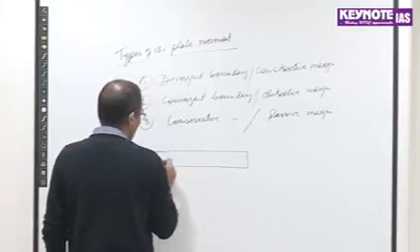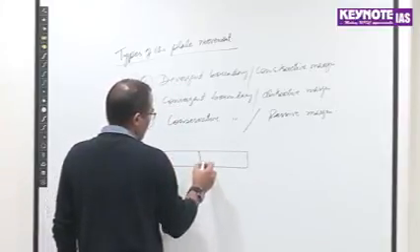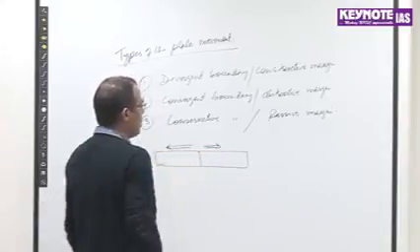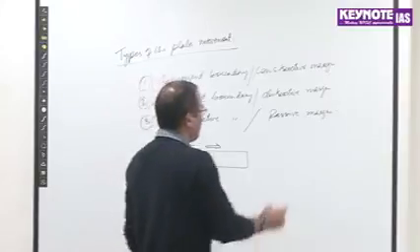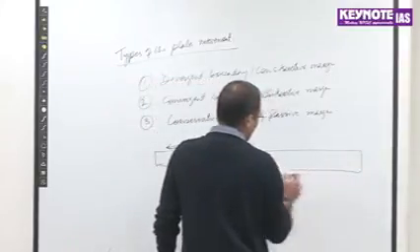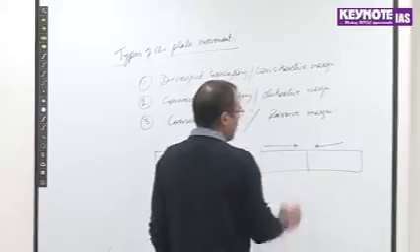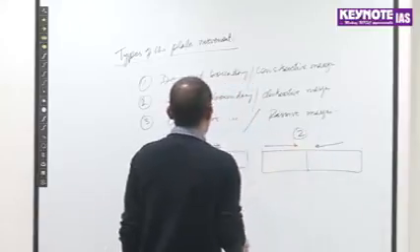Example of the first: when the plate is moving in these two directions, it breaks here, divergent boundary. The same here, when these two plates are moving towards each other, convergent boundary.